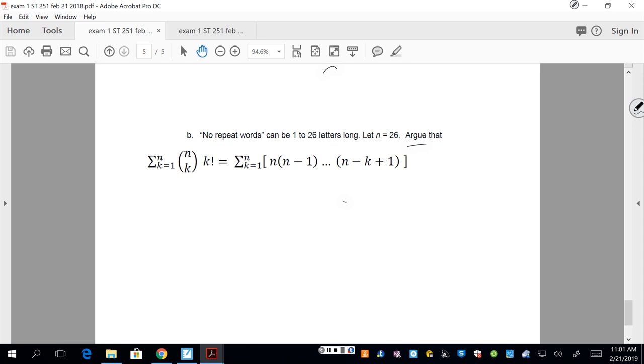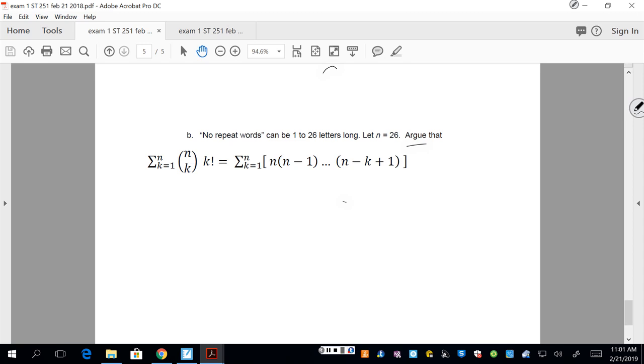So why are these 2 formulas the same? I have a story way, there's an algebra way too, right? If you want to do an algebra way, with formulas, you could break apart the choose and go about that algebraically.